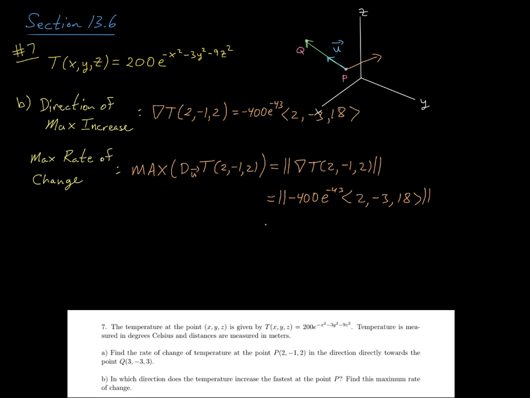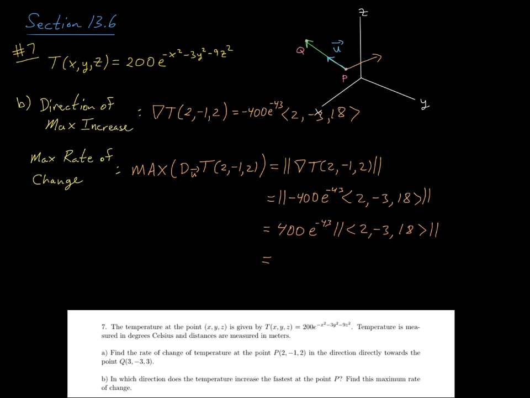Now notice the minus 400 and the e to the minus 43 is just a scalar value. So this is going to come out front, except since it's a magnitude, it's going to change the sign on the 400. So we're going to get 400 times e to the minus 43rd power times the magnitude of this vector 2, -3, 18.